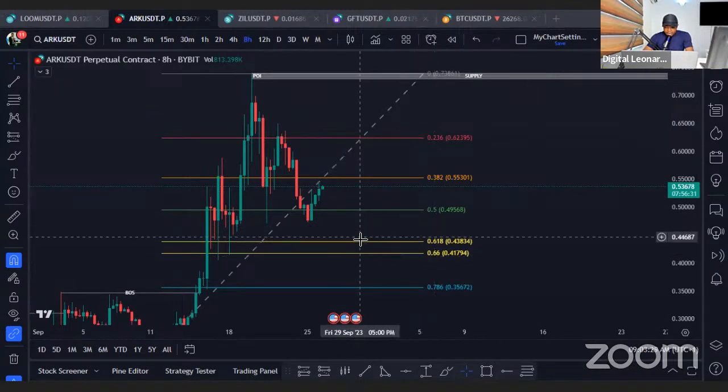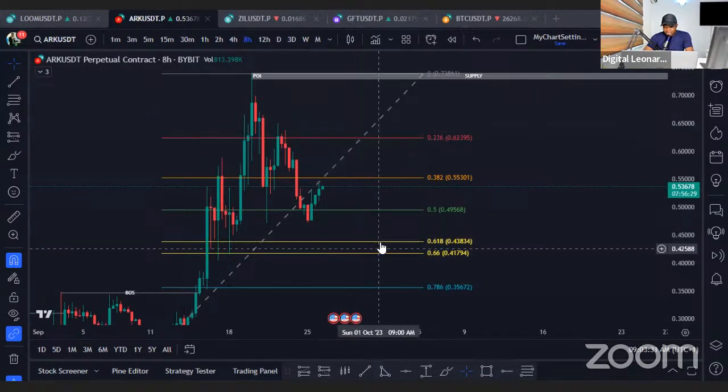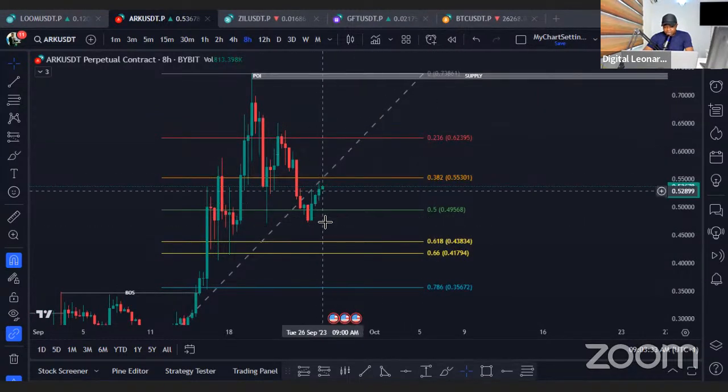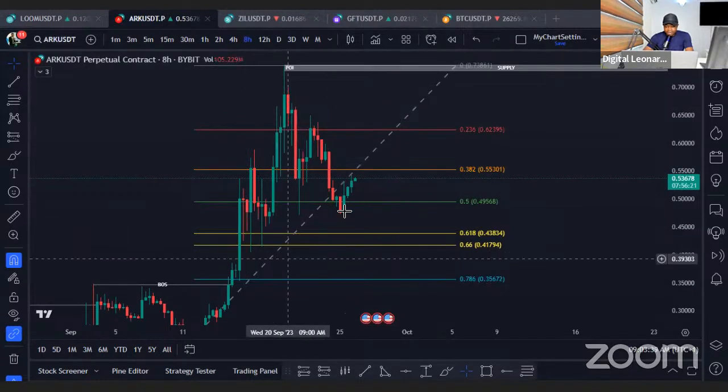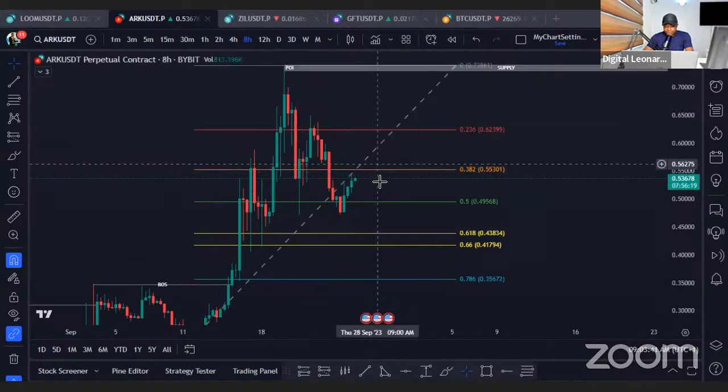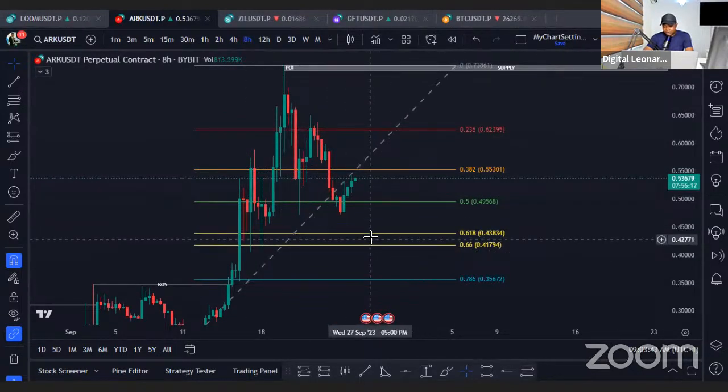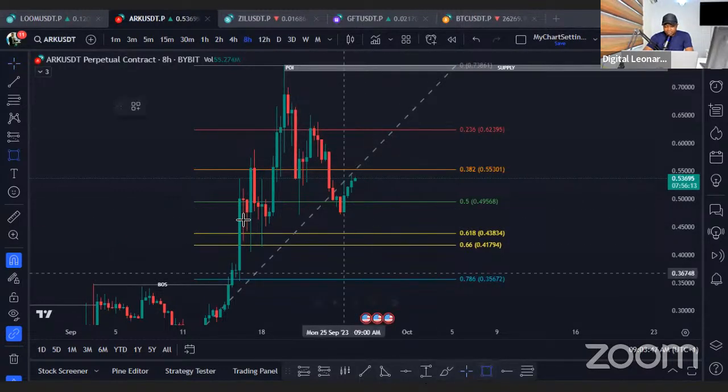Okay, so this area is still my go-to area. Let me see if that will play out. This area is still my go-to area, guys. So maybe this will reject from here, come back. I still need to take a long trade from this area, though there is actually a support here.